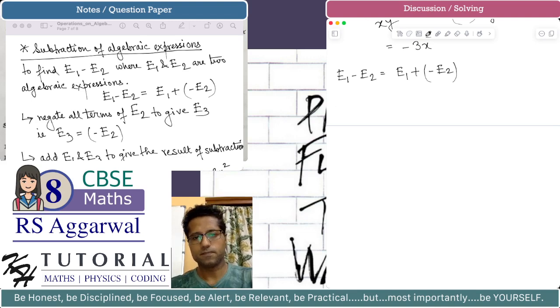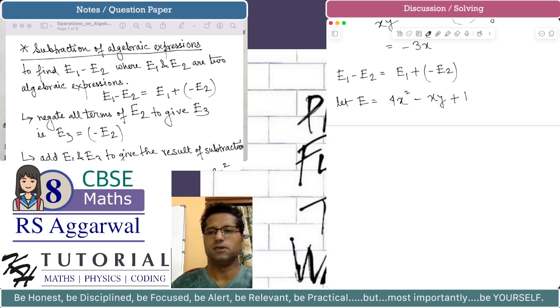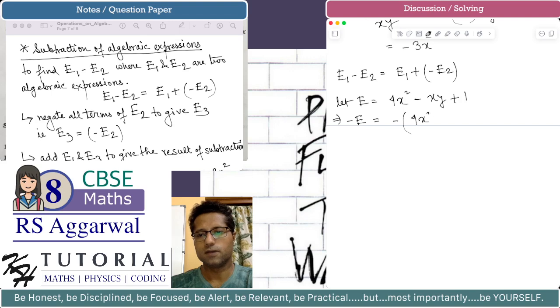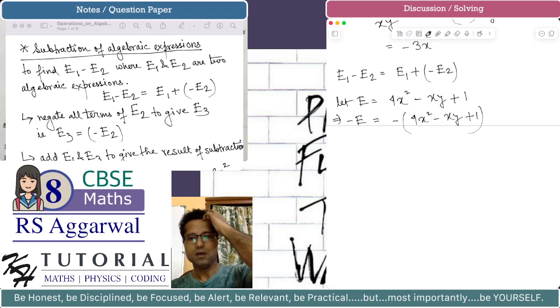Let's say E is an algebraic expression, 4x square minus xy plus 1. I am taking a very basic example. This implies minus E will be minus of (4x square minus xy plus 1). So this is how we express the negative of an expression.